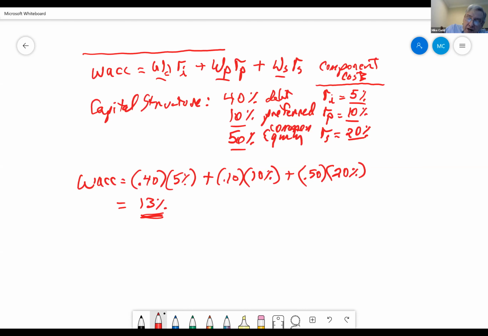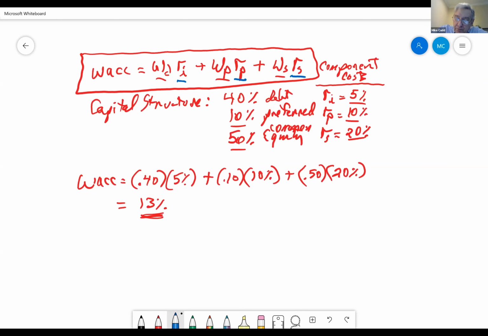It is a weighted average of the different component costs. Component cost of debt, preferred, and equity. Straightforward, weighted average. You get so much money from one source where you need to earn a certain return, so much from another. You take a weighted average.